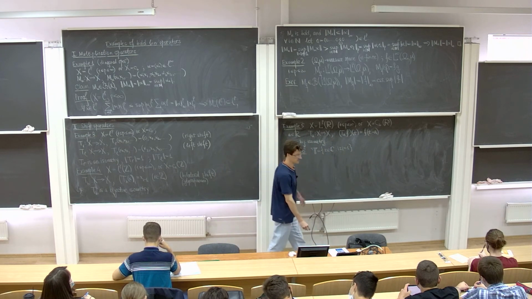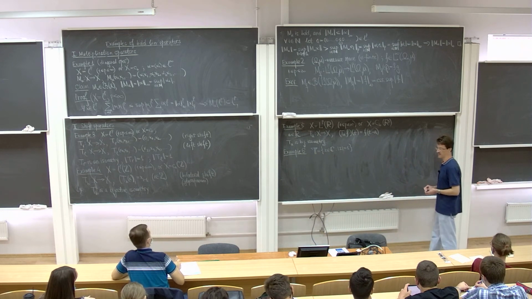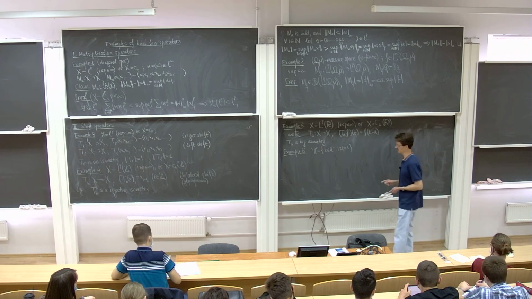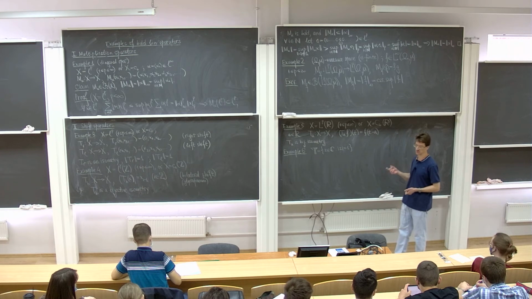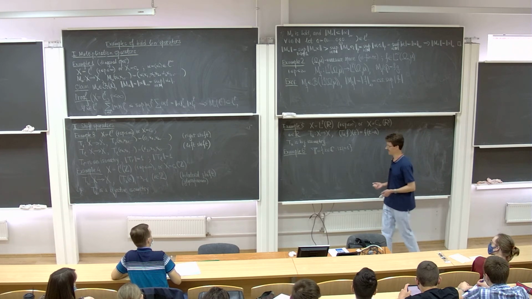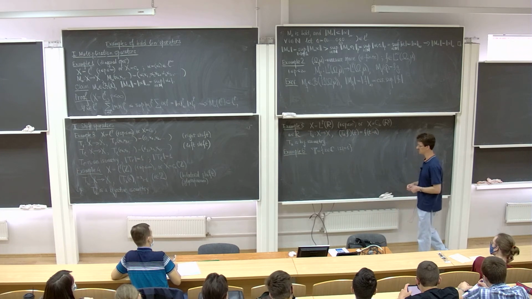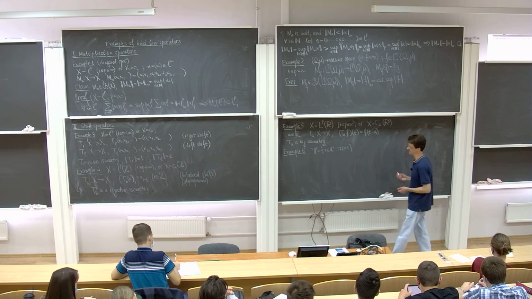Basically, this is a circle. Topologists denote the circle by S1, but I want to stress that it's not just a topological circle. Here we consider the circle as a topological group, and this leads to the difference in notation. So bold T is the circle considered as a topological group.